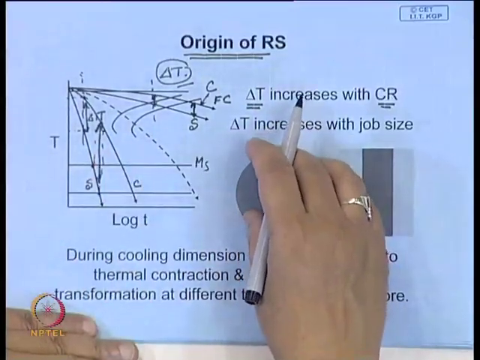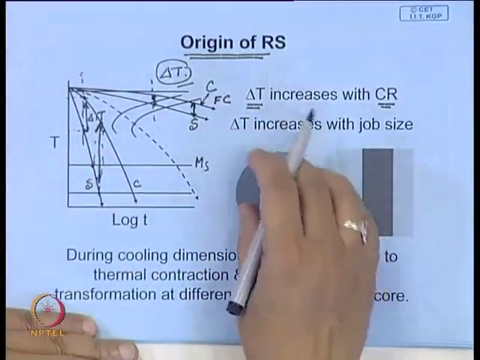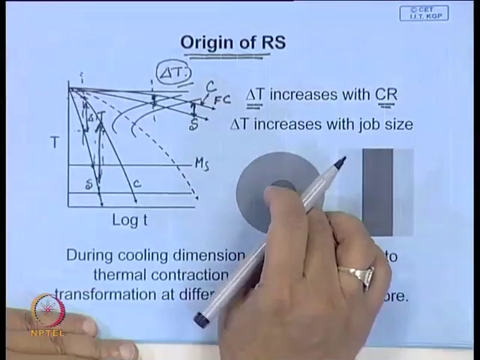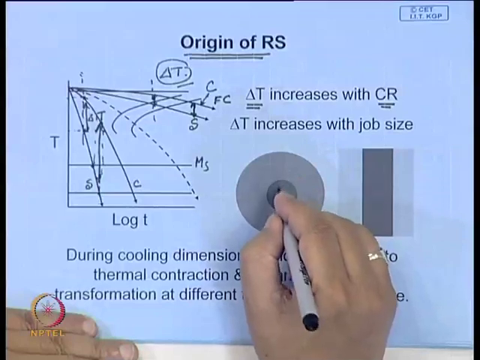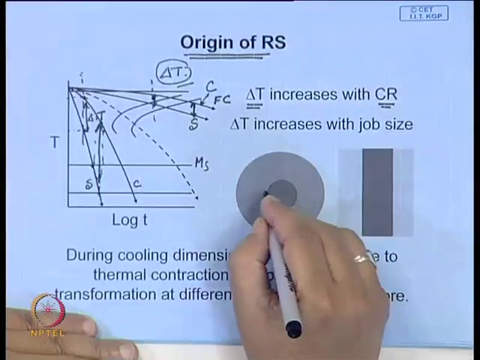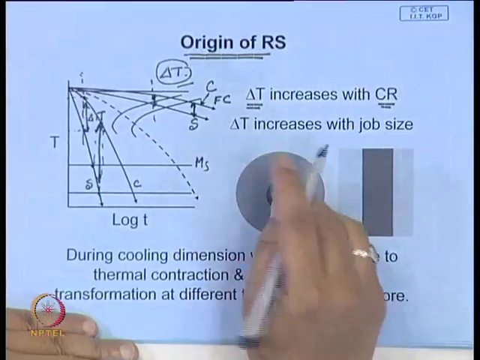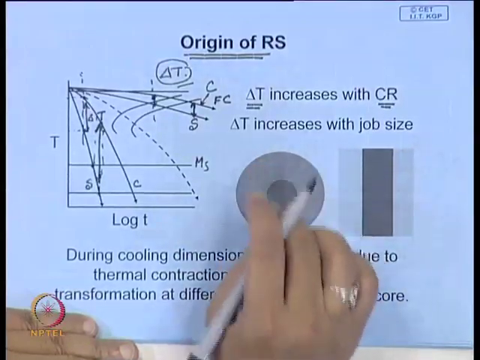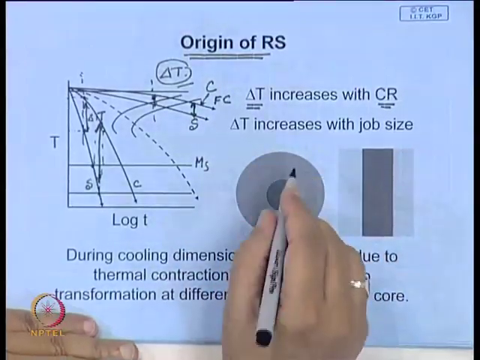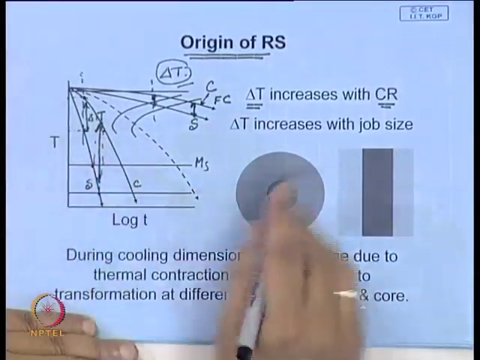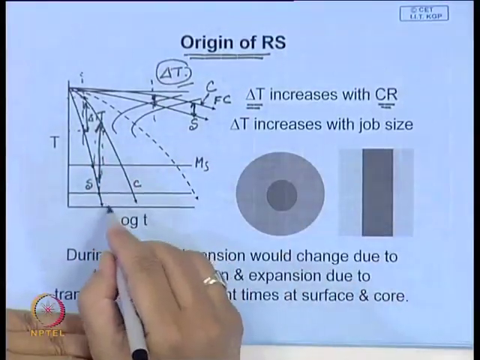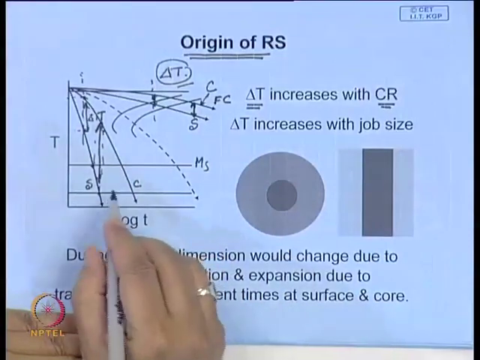So, when the surface is trying to expand, it will subject the core to a stress, and the core will deform also. Towards the end, let us come to where the temperature difference has reduced.